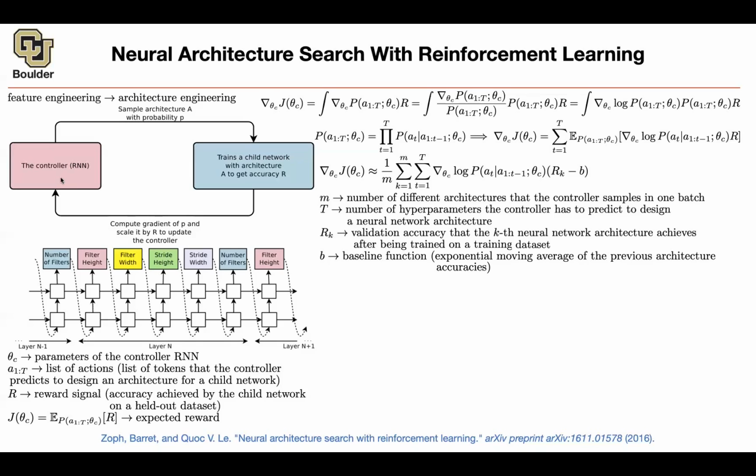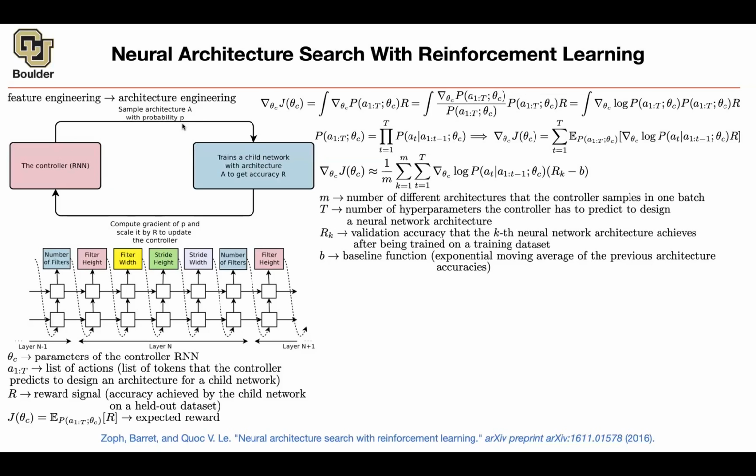And by time here, I'm not referring to the time steps within an architecture. Each step of this cycle gives you your time, and in each cycle, you're testing M architectures. And K is just that you can sample one architecture from your probability distribution, or you can sample many of them.